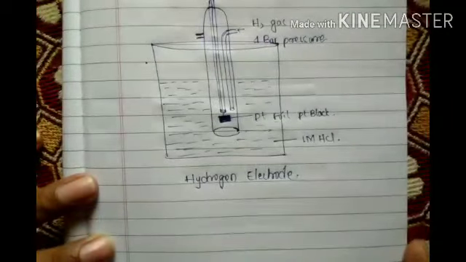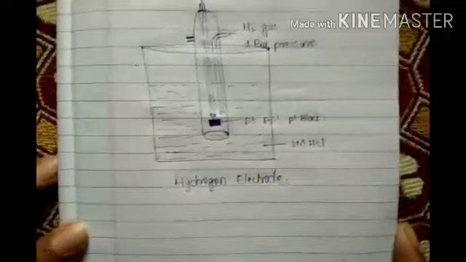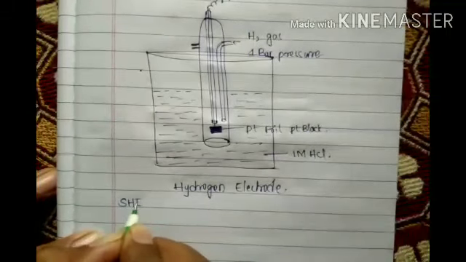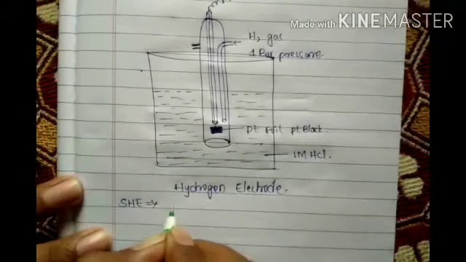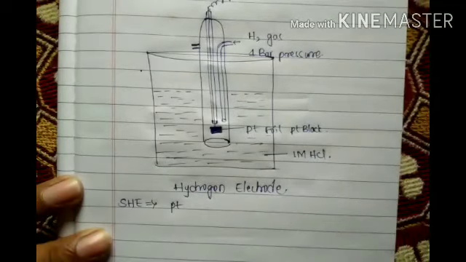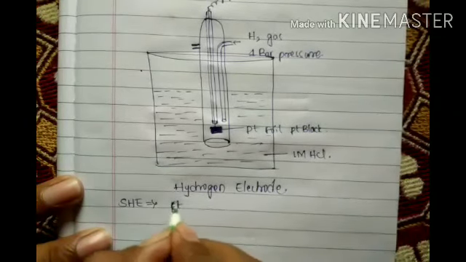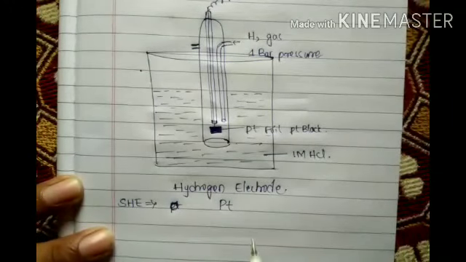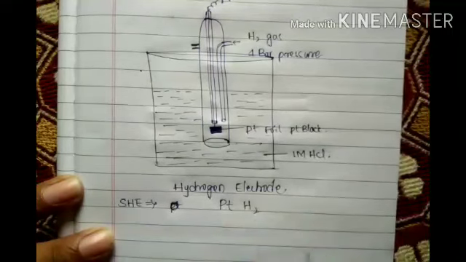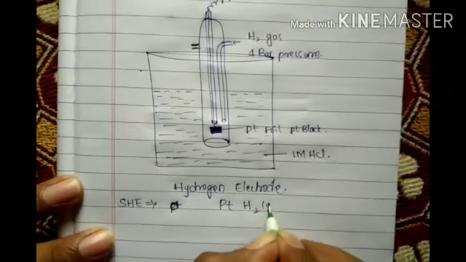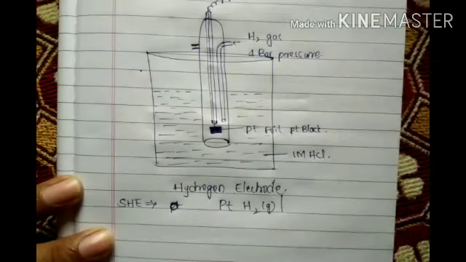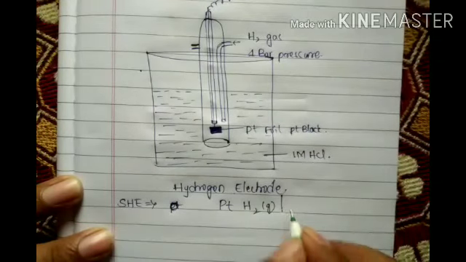In that way, how do we write the cell representation? The SHE representation is first platinum, Pt, and comma, H2 in brackets as gas, single line, and H plus.